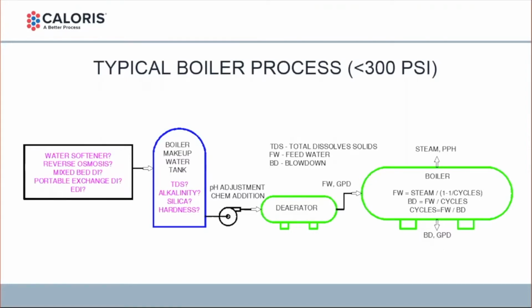So here is the equipment. You're going to have the boiler water makeup tank, and then you have a feed pump, pump it through the deaerator. You'll probably have some pH and chemical addition before that deaerator.